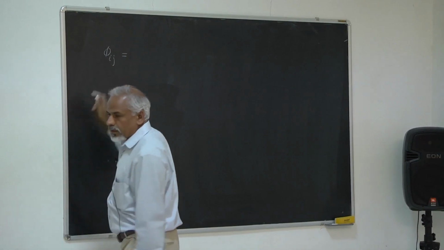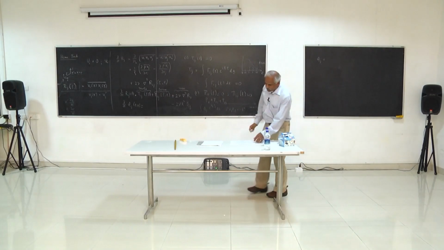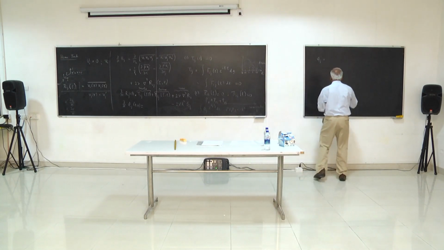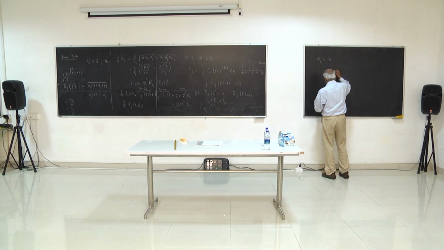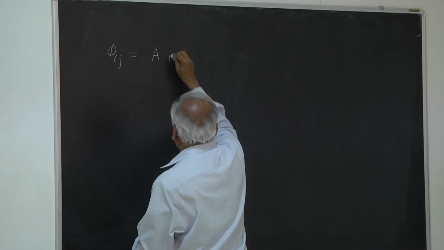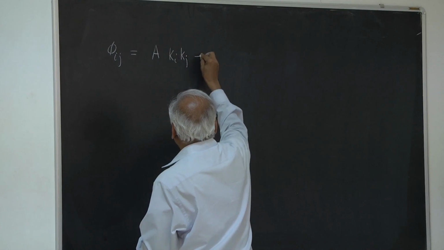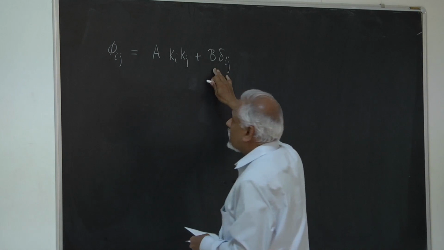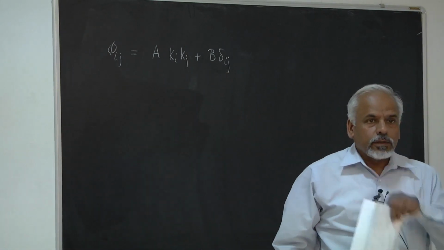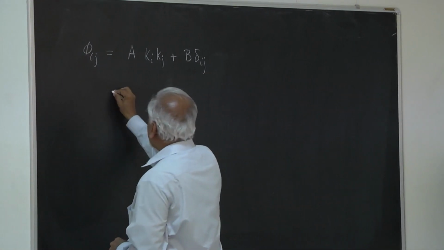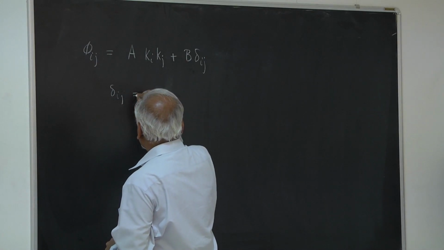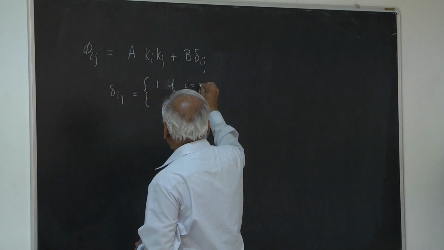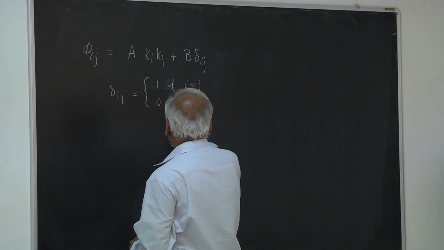Any second order isotropic tensor can be written in the form A times Ki Kj plus B delta ij. Delta ij, you know what this is, the Kronecker delta, which is equal to 1 if i equals j, and 0 otherwise.